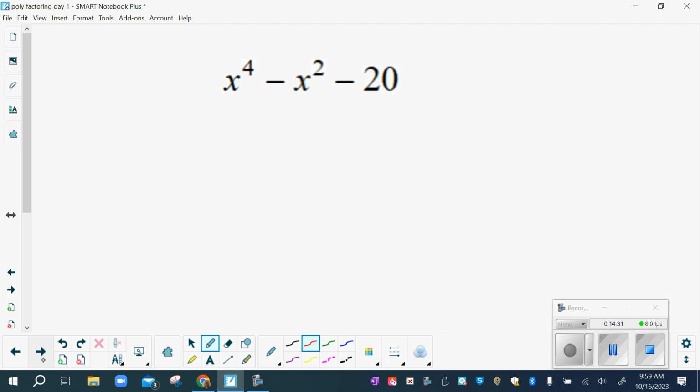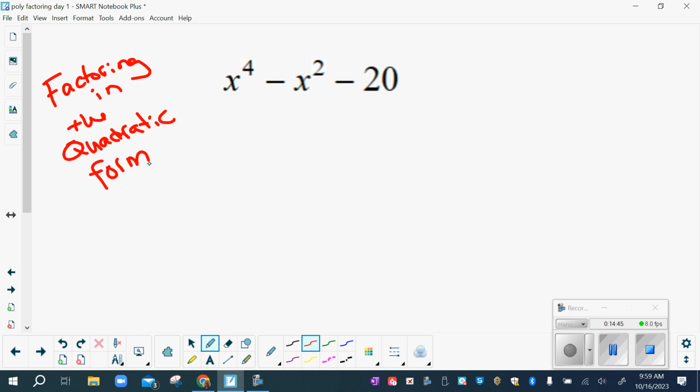And that technique is called, if you want to write this down, factoring in the quadratic form. And when I show this to you, you'll be like, oh, I remember this. So here's what. That problem, I don't know how to do. But this problem, which is almost exactly the same, I do know how to do.